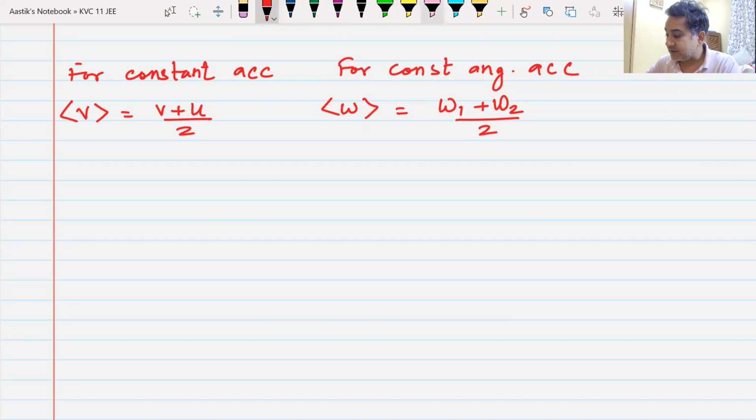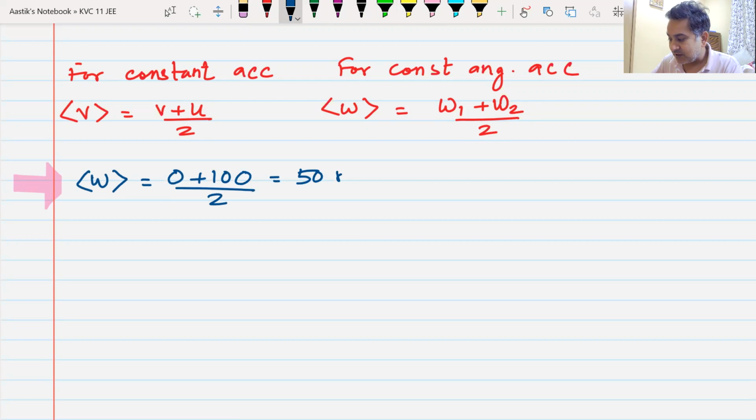The first thing you would have calculated is question number 3, the average angular velocity. You knew the original velocity omega 1 was 100 and the final velocity was 0. So average omega was (0 plus 100) divided by 2, and straight away you would get 50 revs per sec. See, it was so simple.